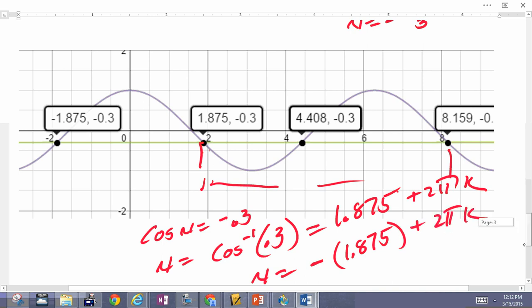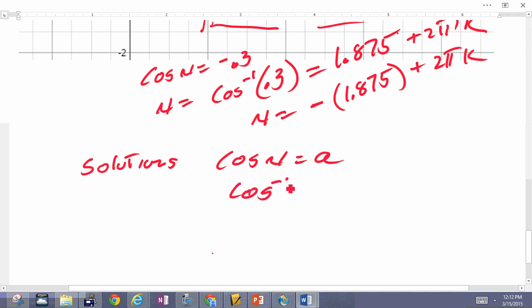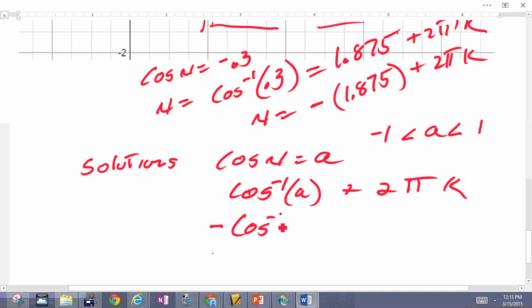So in general, we're going to finalize it and say the solutions to cosine of x equaling a, for a between 1 and negative 1, are the inverse cosine of a plus all hits down the line, and the opposite of the cosine inverse of a plus all hits down the line.